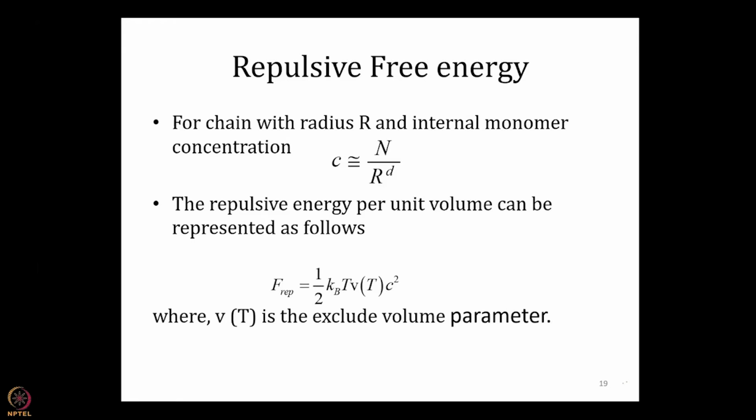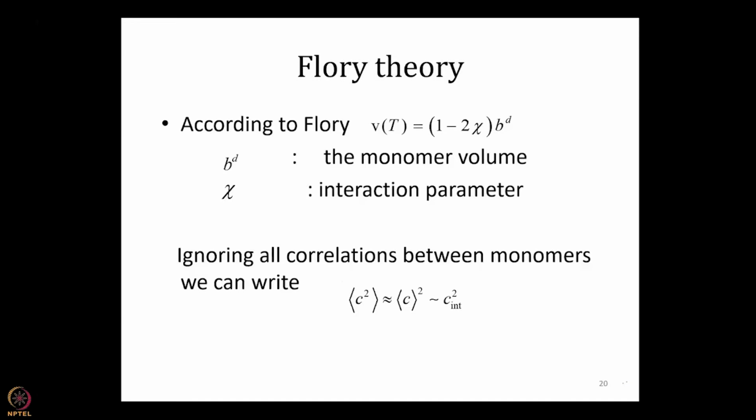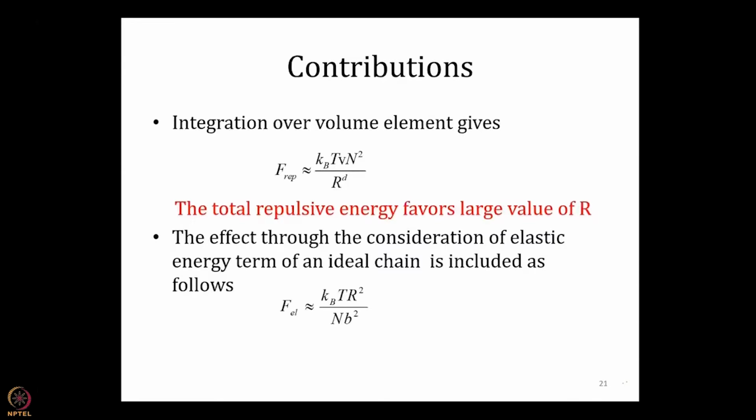Now, C is the concentration, the number within a volume. So volume is R to the power D, number is N. So this is the repulsion energy. And Flory introduced this parameter, 1 minus 2 chi, b to the power D, and we'll learn a lot about it later. But it's just to show that it can go either from plus to minus. And then integration over the volume element.